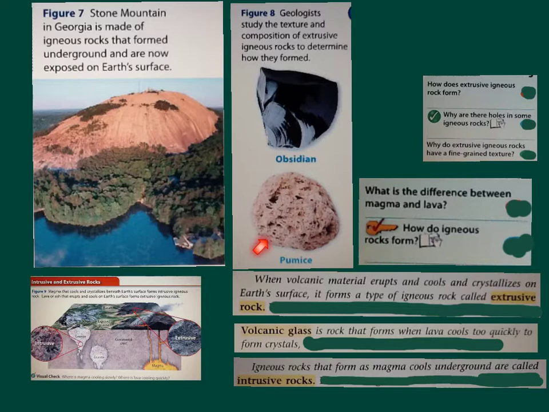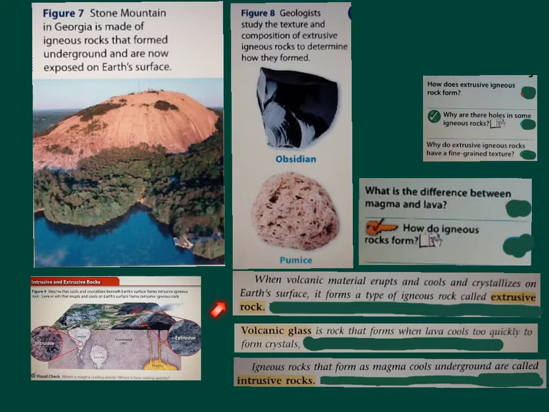Okay, so let's talk about this extrusive rock. You have a couple of different things that I want you to make sure you're writing in your science journal. One of them is the definition of extrusive rock. When volcanic material erupts and cools and crystallizes on Earth's surface, it forms a type of igneous rock that is called extrusive rock.